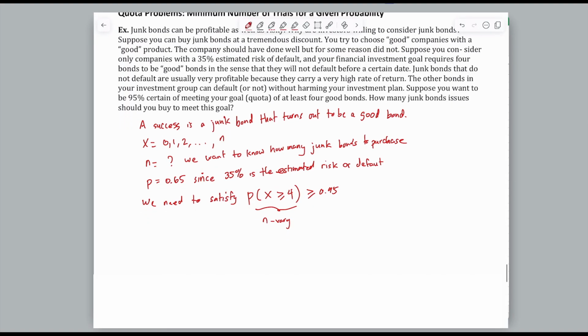Okay, so n equal to 10 is how many bonds we need to pick. So it is the minimum number of junk bonds to purchase to meet our quota.